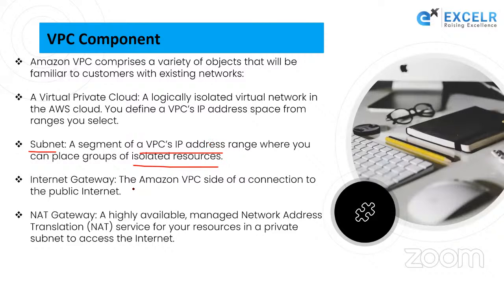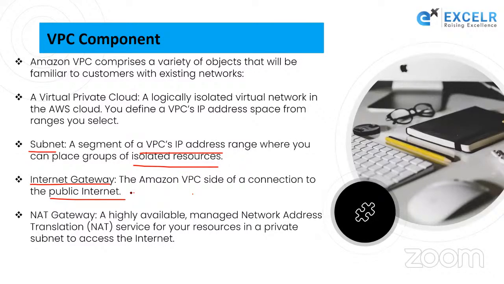Whenever you want to connect an EC2 machine to the internet, we need a device called an Internet Gateway. This will provide public connectivity to your virtual machines, which are your EC2 machines.